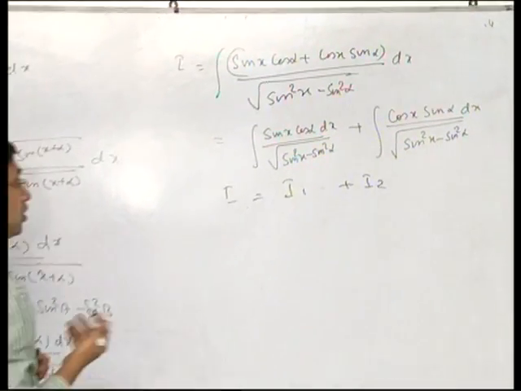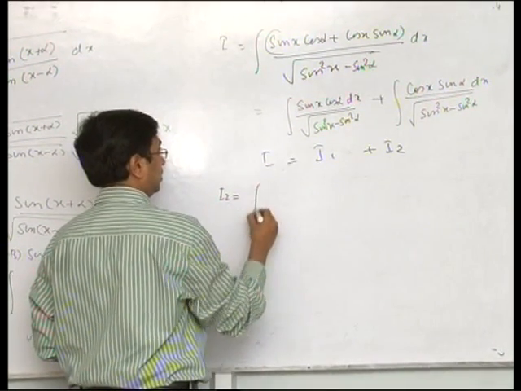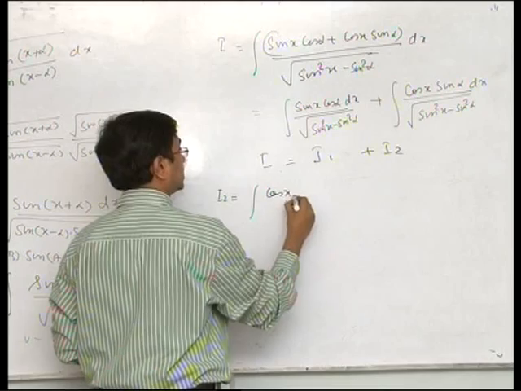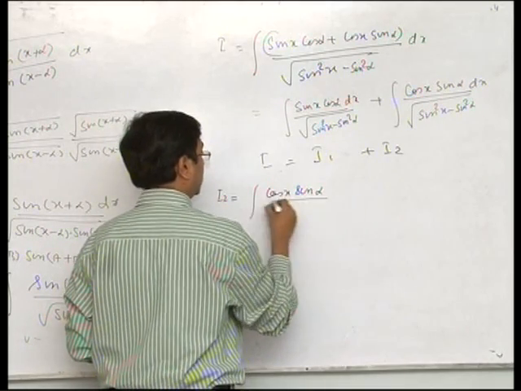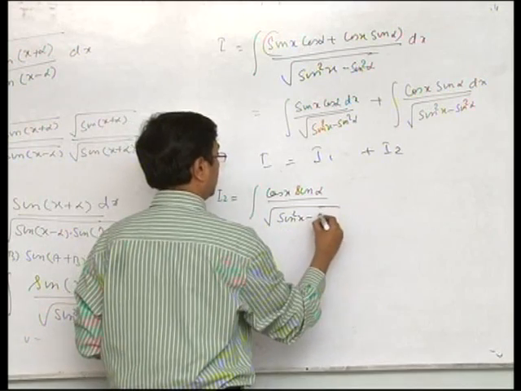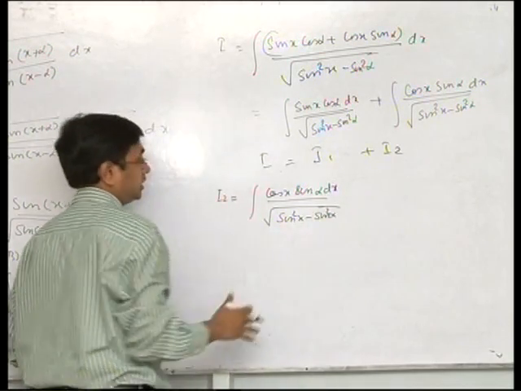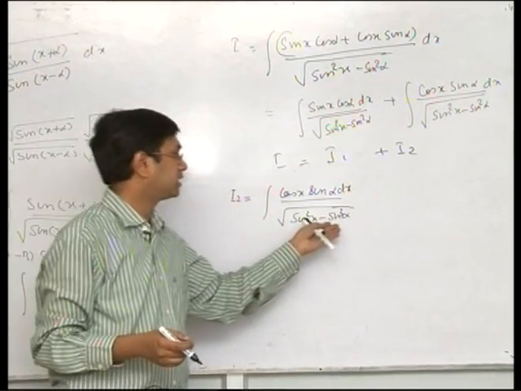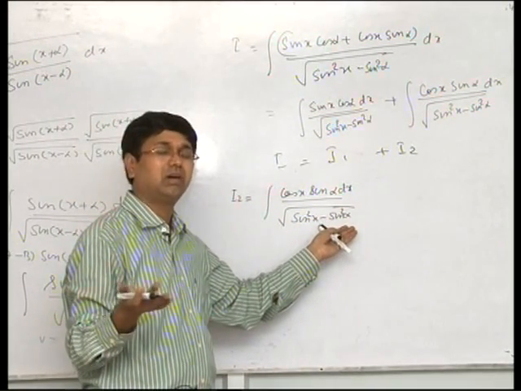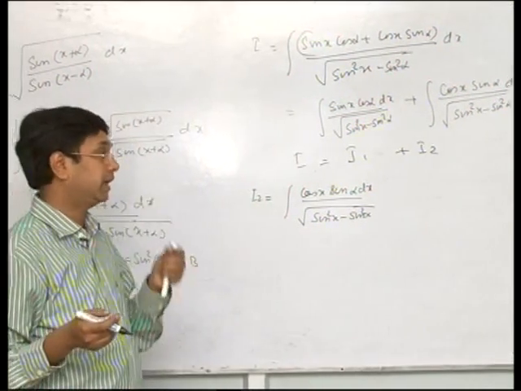Now how do we solve them? As far as I2 goes, we have cos x sin alpha and sin square x minus sin square alpha. Sin square alpha is just like a constant. So sin square x may be minus 2, half, it cannot be 2 with sin square alpha; any fraction, the value it can have.